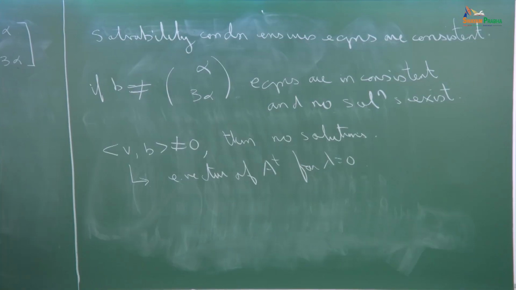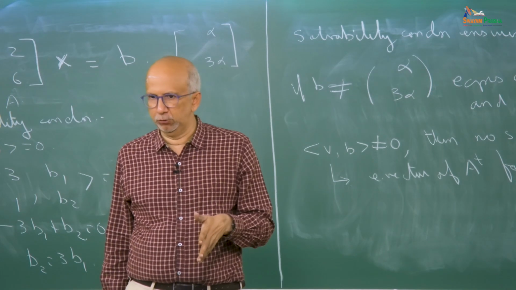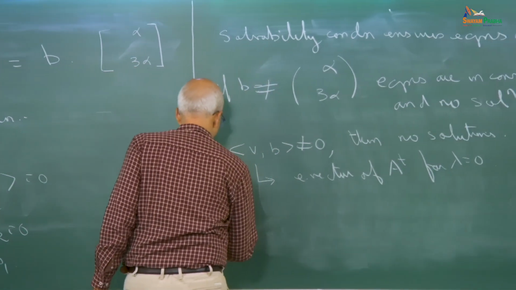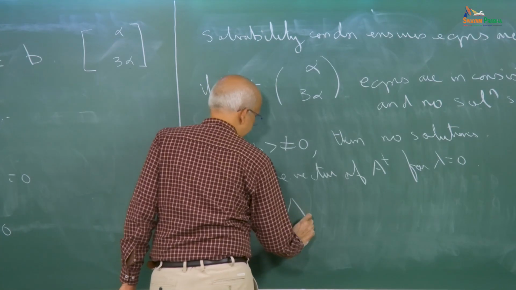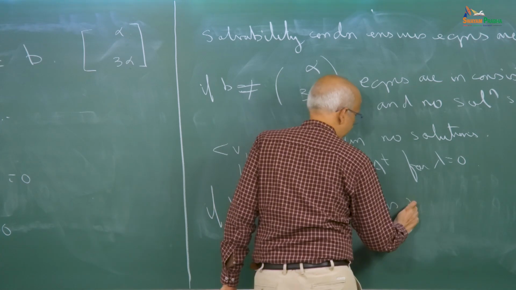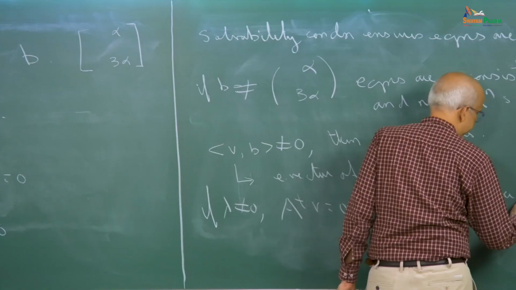If it turns out that, all this is only when lambda is 0. If lambda is not 0, there is no problem, because then A transpose V equal to 0 will have only 0 as a solution.